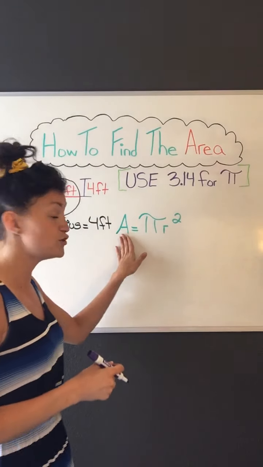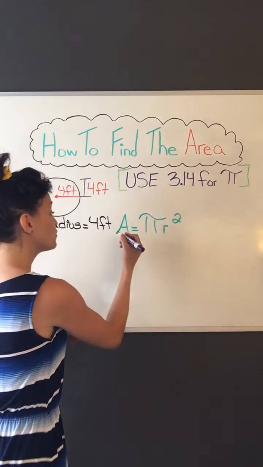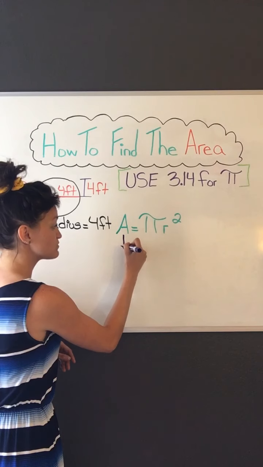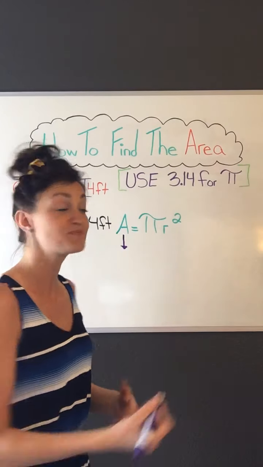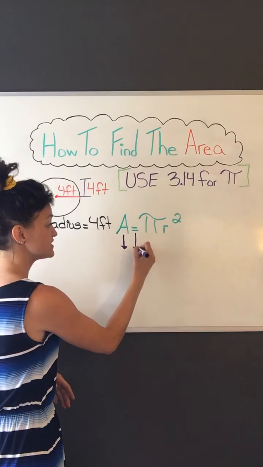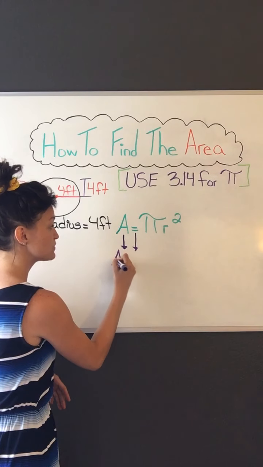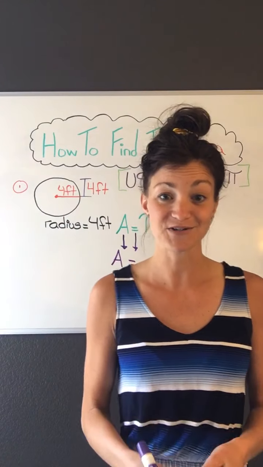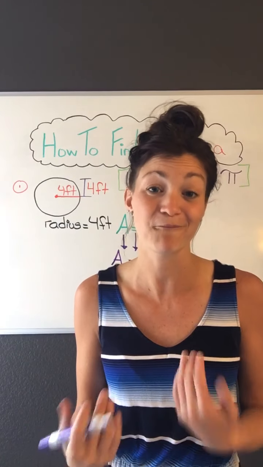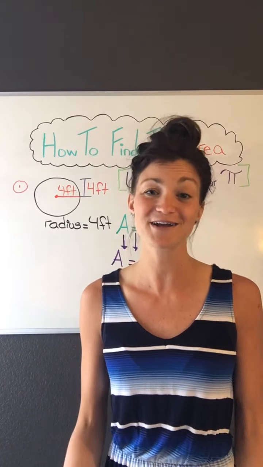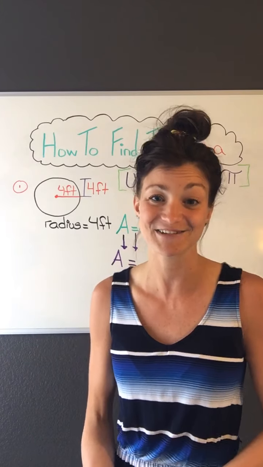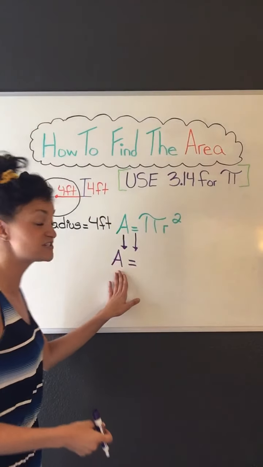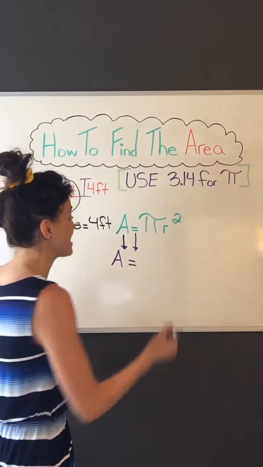So that's your unknown or your variable. So we're going to bring that A down because that's what we're looking for, the area. We are also going to bring down the equal sign, because without an equal sign, you don't have an equation. And if you do not have an equation, you cannot solve for something. And we are trying to solve. We're trying to figure out the area of this particular circle. So the A is going to come down and the equal sign comes down.